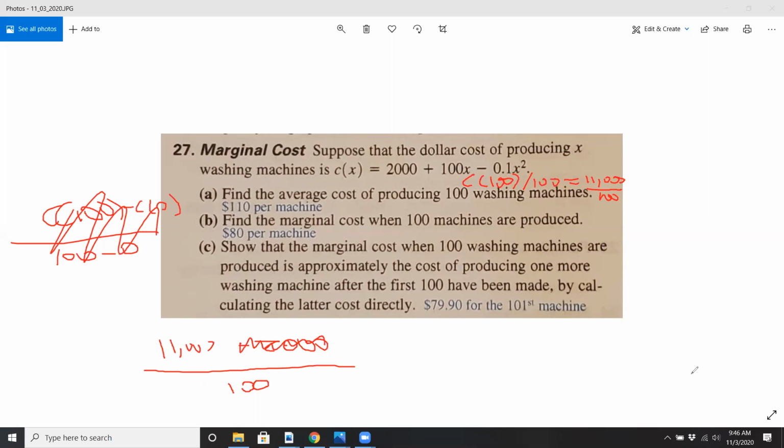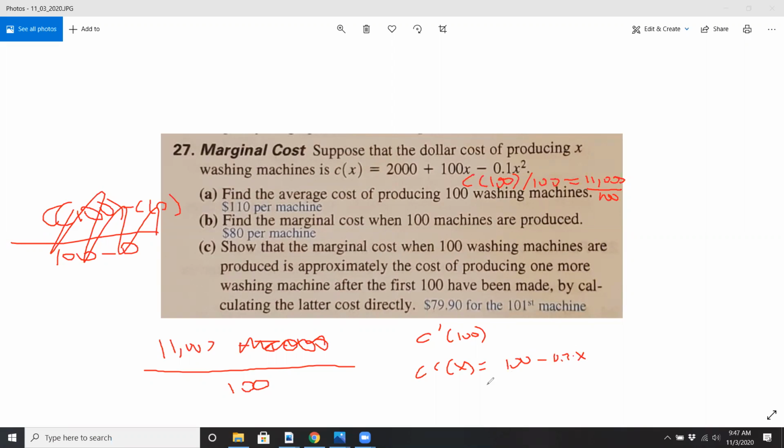Now the marginal cost, that's going to be the cost of producing the 100th machine, essentially, or the instantaneous cost. So in this case, you do C prime of 100. C prime of x is just going to be 100 minus 0.2 times x.